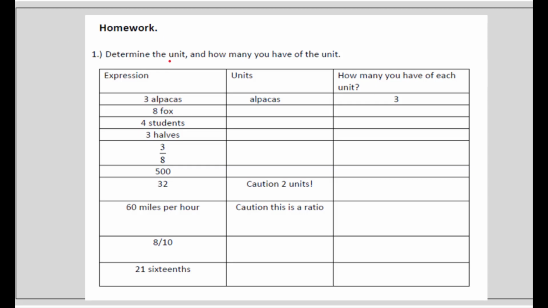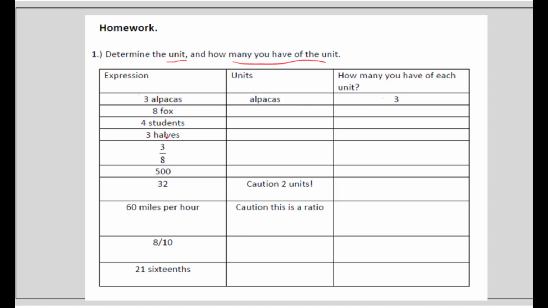So here you want to determine the unit and how many you have of the unit. So the first one's an example, 3 alpacas. The unit is alpacas, and how many you have is 3. So they could be pretty simple.